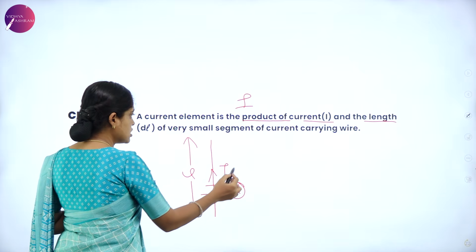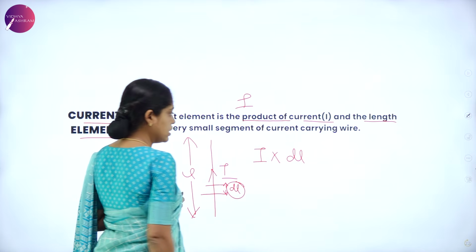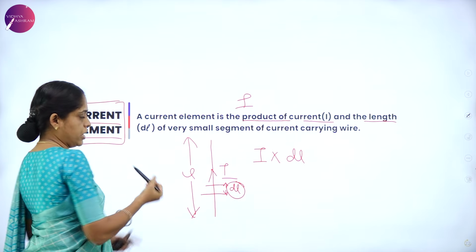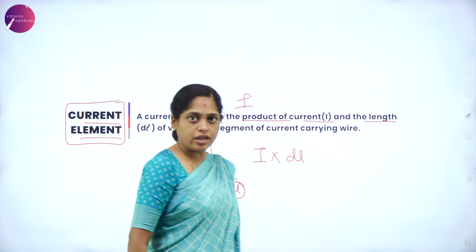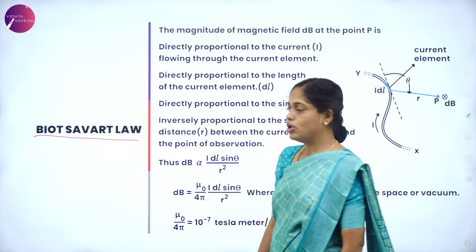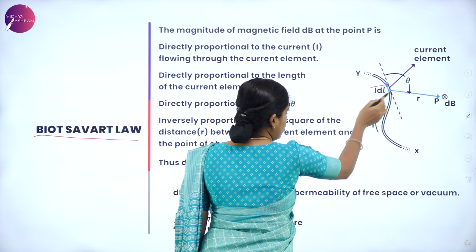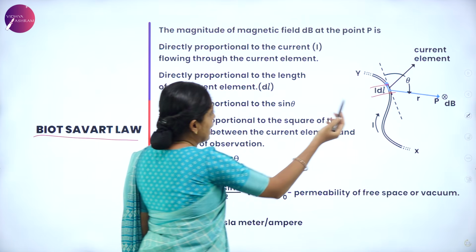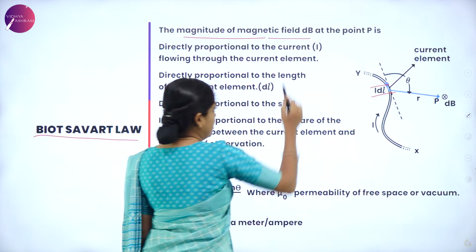The small segment dl into current flowing in that, I, is nothing but current element. Due to this current element, the magnitude of magnetic field is given by Biot-Savart's law, a very important law. So, consider a current element I dl of this current carrying wire. Due to this current element at point P, what is the magnitude of magnetic field?